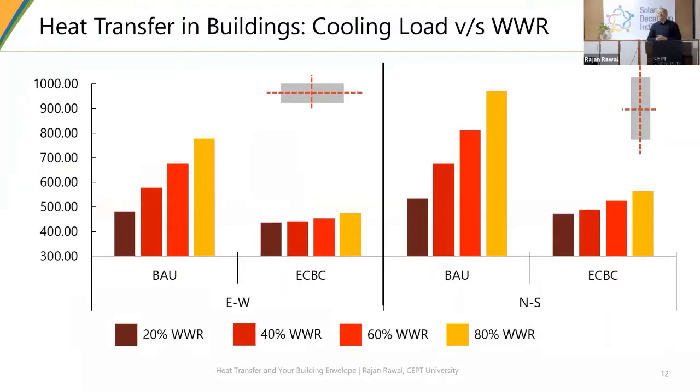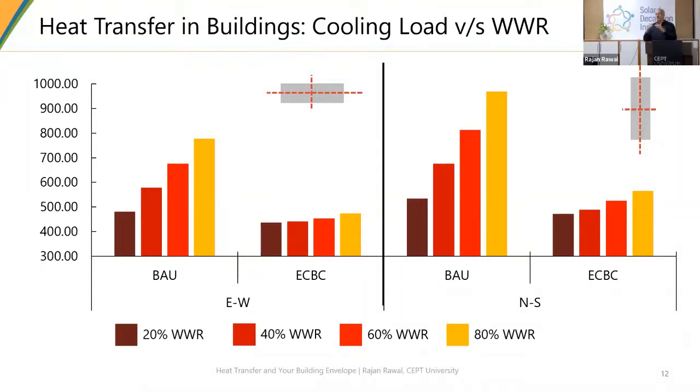Now, if you are looking at a business as usual building, probably what may happen is that since the fenestration is a sort of weak link between outside and inside, there will be a lot of heat transfer. The moment you start looking at ECBC, that means your solar heat gain coefficient, your VLT, your R value of the window or fenestration would be much better than what you see in the business as usual case.